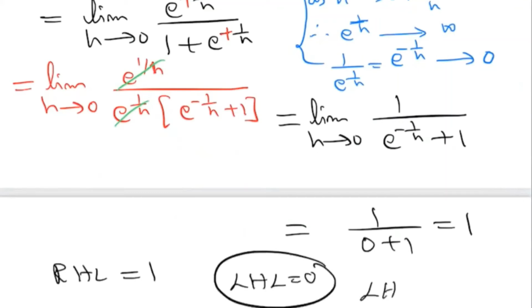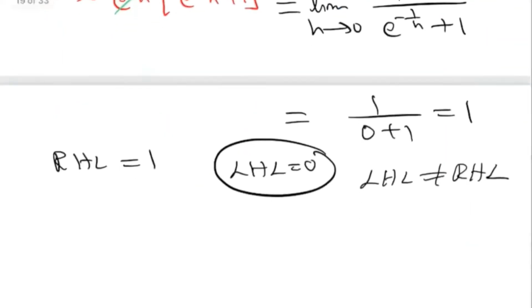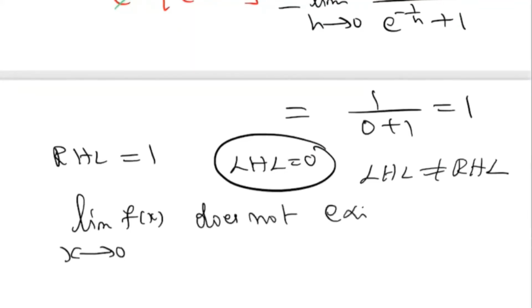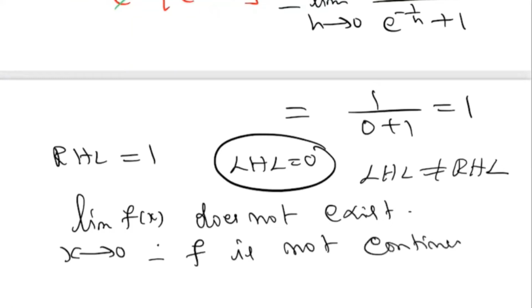So left hand limit not equal to right hand limit. So limit of the function as x tends to 0 does not exist. So therefore, f is not continuous. Limit itself is not defined at x equal to 0.